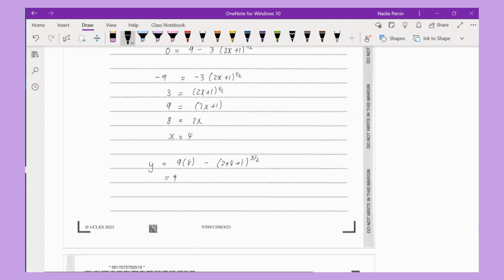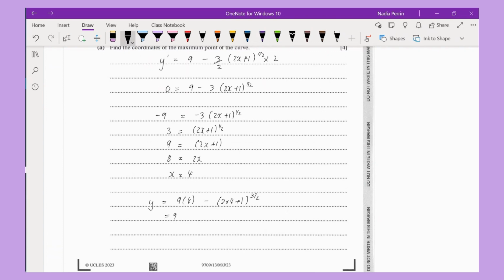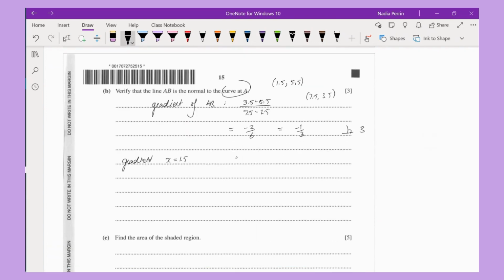So our derivative was this one here. And so we put it in and we end up with 9 minus 3 times 2, which happens to be 3. And then I would just probably show the formula m times m should equal negative 1 if they are perpendicular.